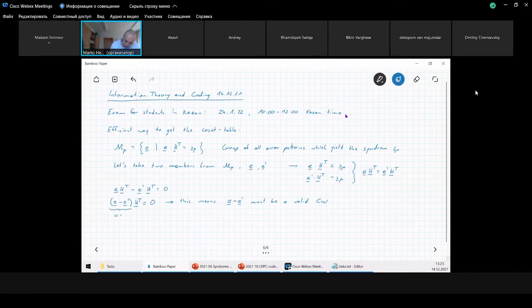Let's call it A or A i, one specific code word. So if E minus E prime is A i, then I could also say E is equal to E prime. It's not writing here.